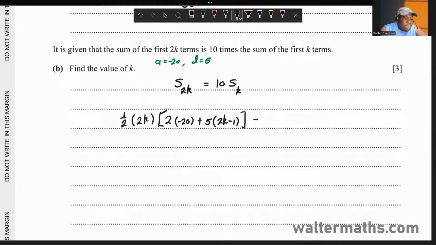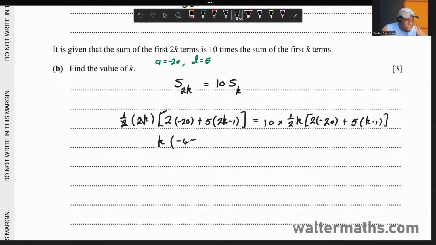All right. And that's equal to 10 times half n, of which n is k. So it's half k of 2a + (n - 1)d, which will be 5(k - 1). So this is what we're going to be using. So here we get k of -40, and -40 - 5 is -45.